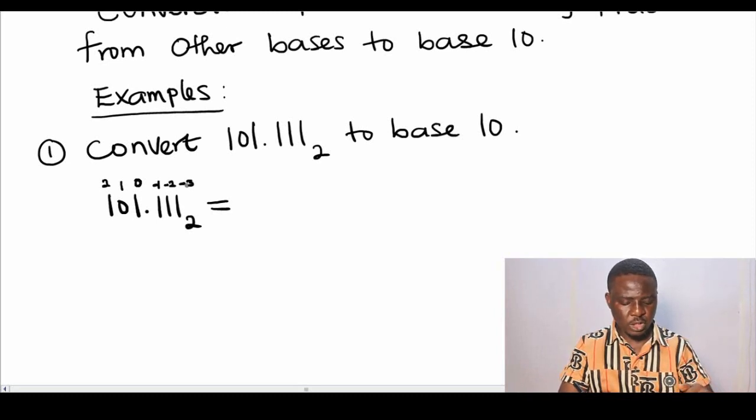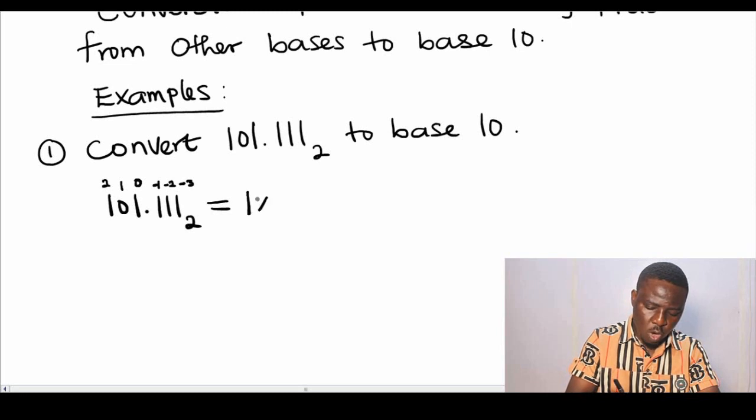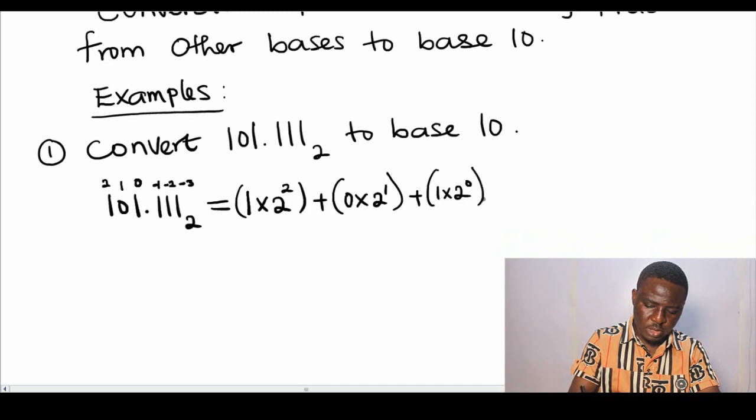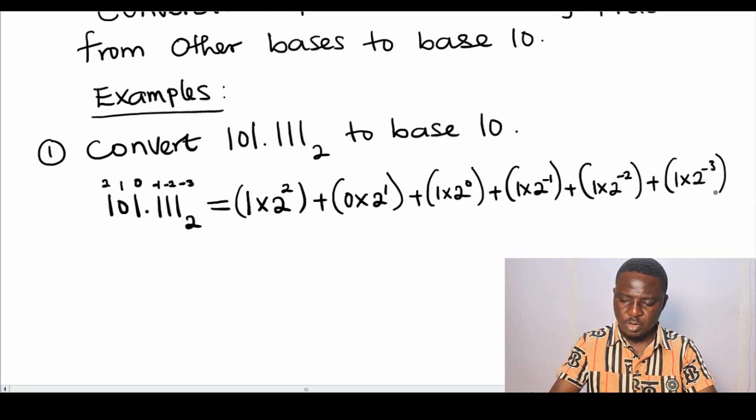So I'm going to multiply each of these digits by the base, all raised to the power based on their place values, such that this becomes 1 times 2 raised to power 2, plus 0 times 2 raised to power 1, plus 1 times 2 raised to power 0, plus 1 times 2 raised to power -1, plus 1 times 2 raised to power -2, plus 1 times 2 raised to power -3.